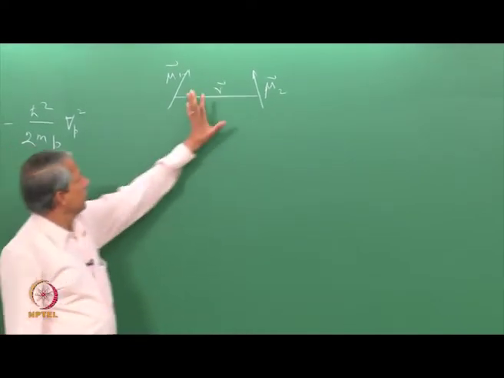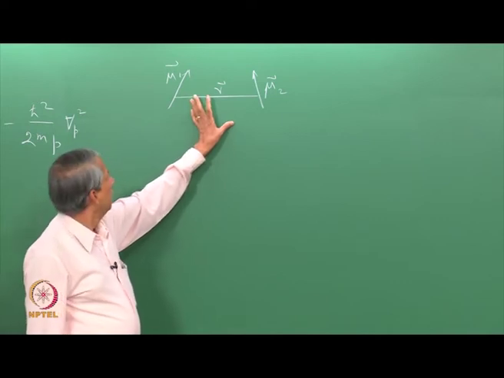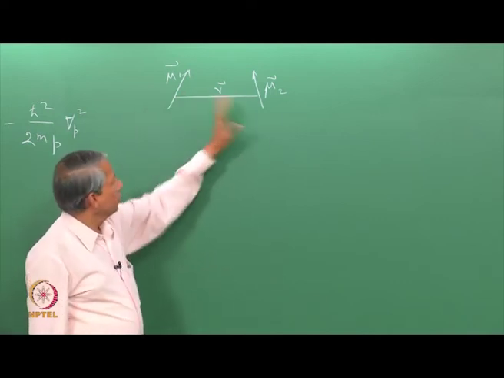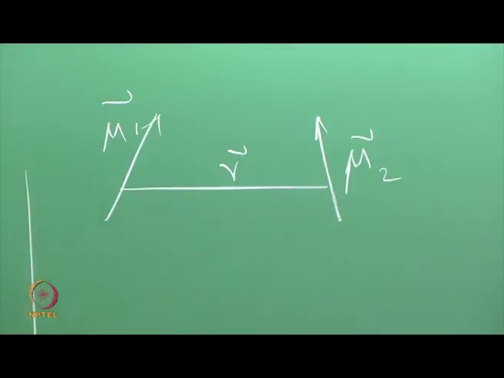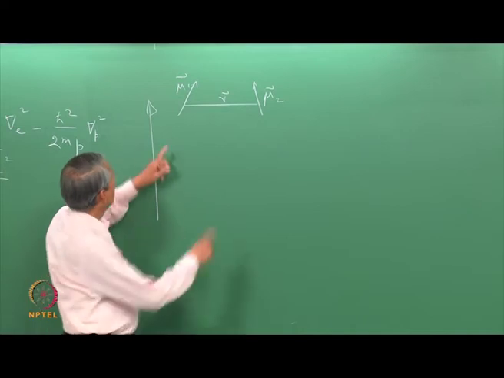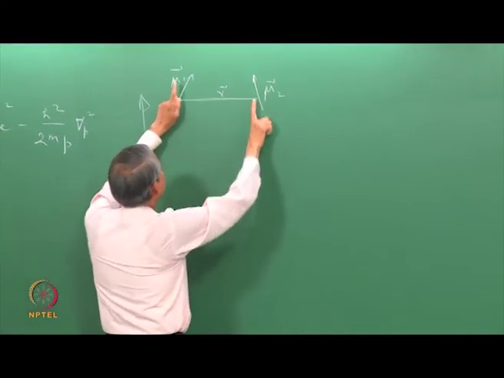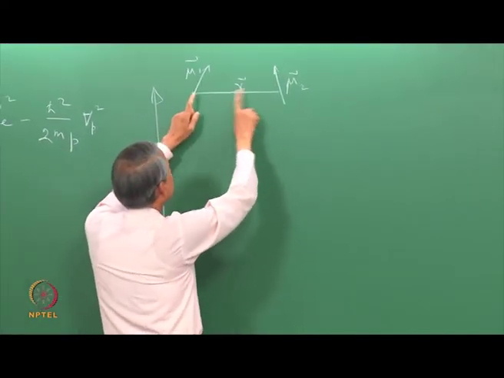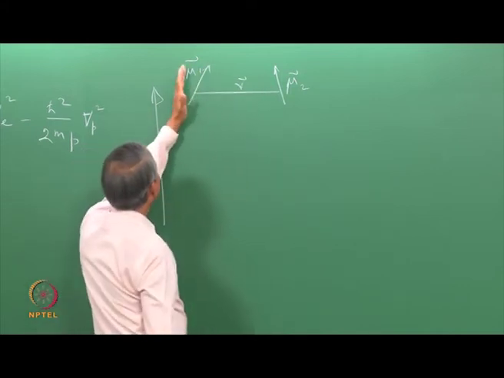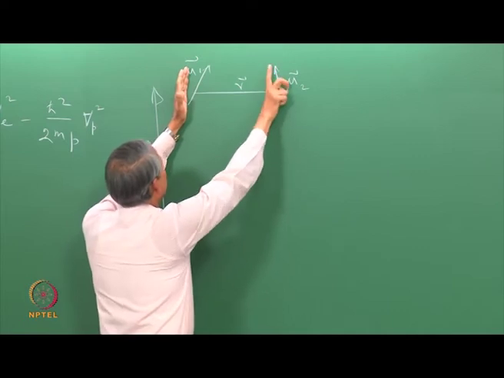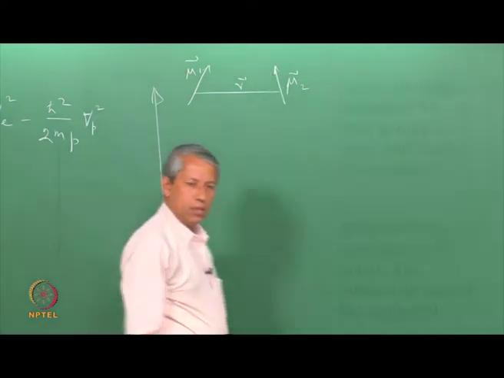If I keep this in a magnetic field, then both of them will get aligned along the magnetic field. So, you put it here, then what will be the corresponding energy of interaction if their orientation changes and they go from, let us say, one alignment to another alignment. And this is shown here.